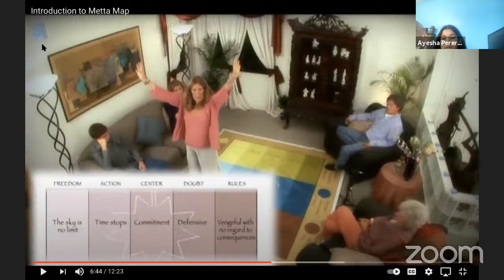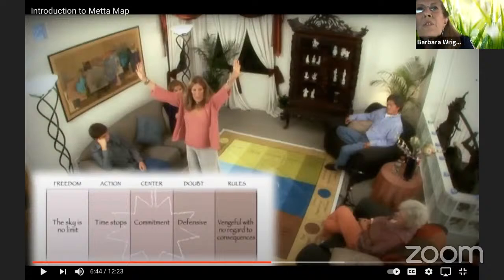Let's be clear on the difference between intelligence of the heart and intelligence of the mind. The intelligence of the mind is something that we have as a shared understanding. It is concrete, it's literal. We walk into a room and we see a white couch.